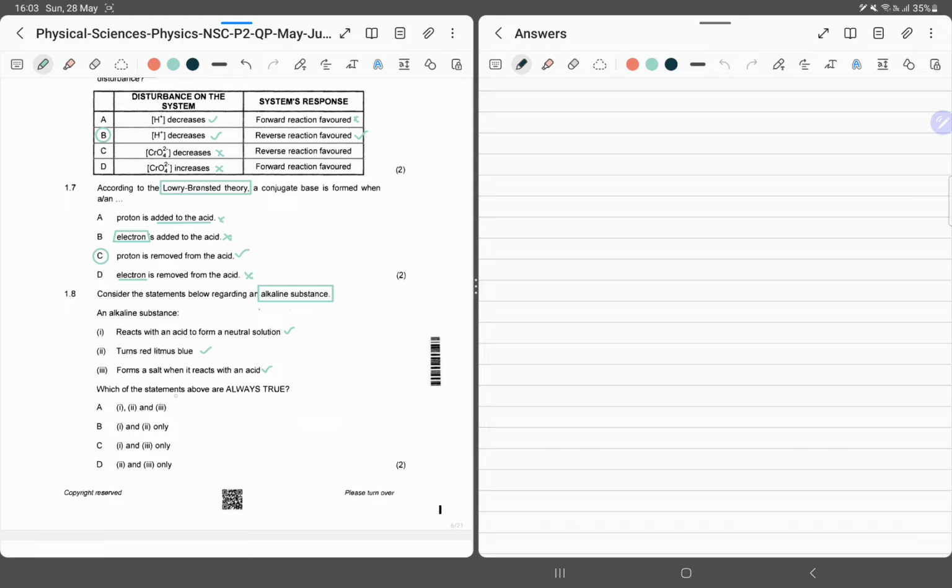Which of the statements above is always true? We want something that is always true, and what is always true is essentially this statement and that statement. This one is not always true because it depends on what type of acid and what type of base are reacting. So obviously our answer becomes D.